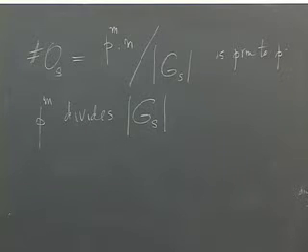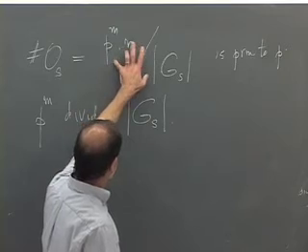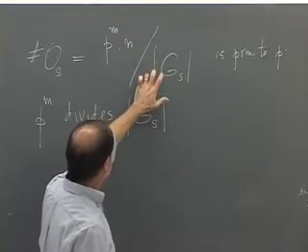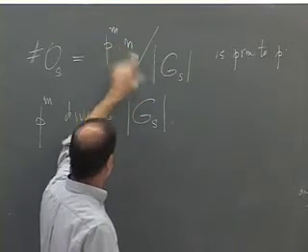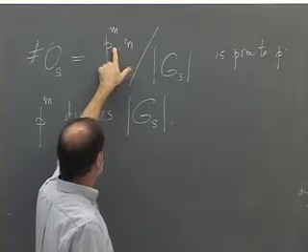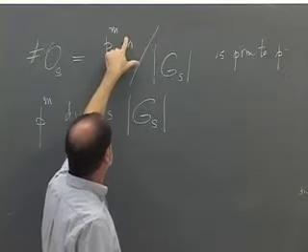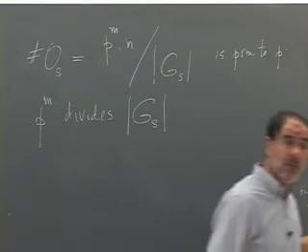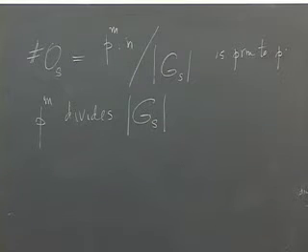Because if you have a number expressed as an integer over an integer and it's prime to p, the power of p dividing the denominator must equal the power of p dividing the numerator. Same argument we did for the binomial coefficient. So p to the m divides the order of the stabilizer.